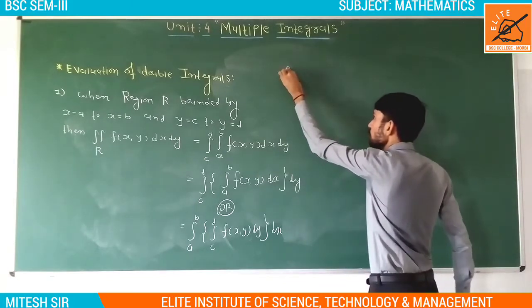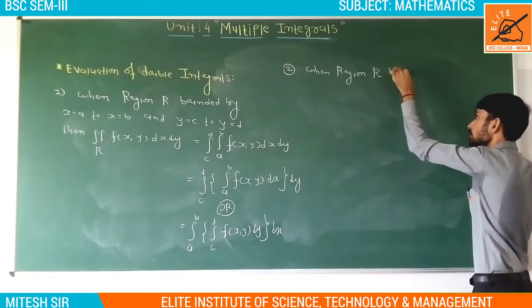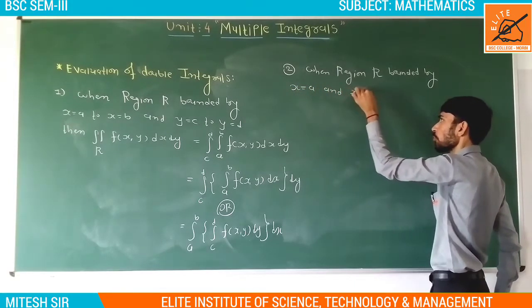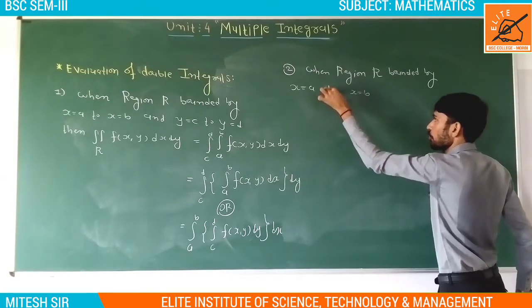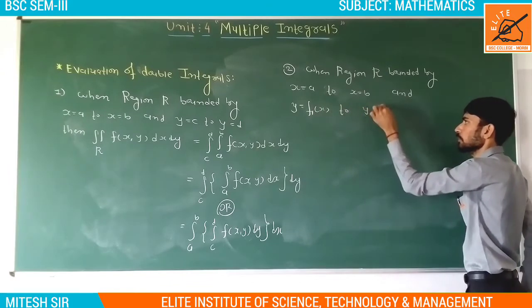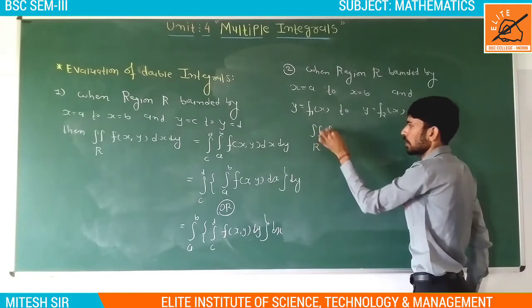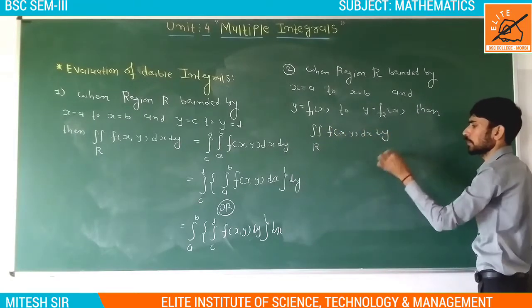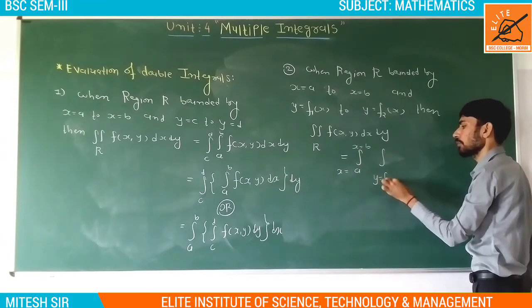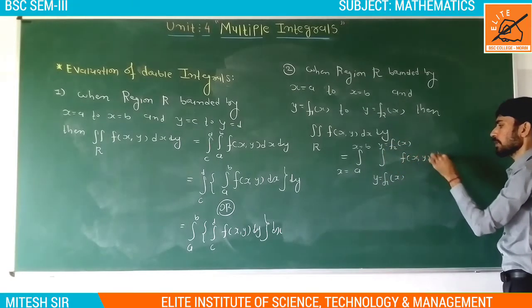Now the second thing is, when the region is bounded by x is equal to a to x is equal to b and y is equal to f1(x) to y is equal to f2(x), then the double integration of f of x y dx dy is equal to integration x is equal to a to x is equal to b, integration y is equal to f1(x) to y is equal to f2(x), f of x y dx dy.